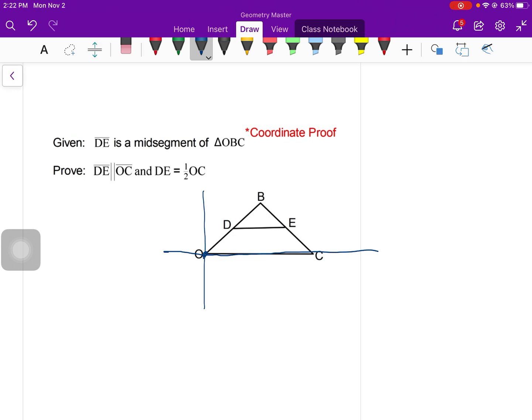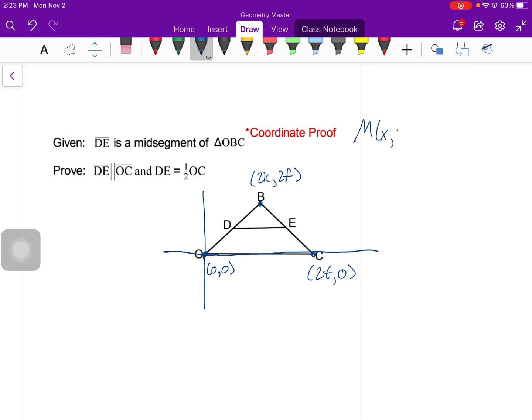I'm going to have this at the origin. This is (0, 0). This is going to be (2t, 0). And this was (2k, 2f). The reason why I picked those is because I'm going to be finding the midpoint.